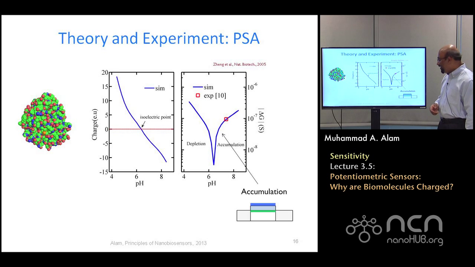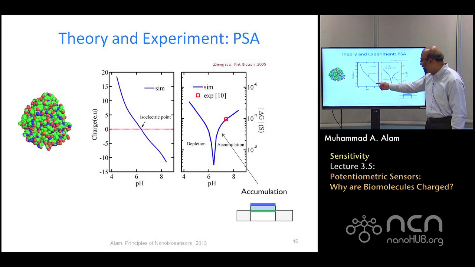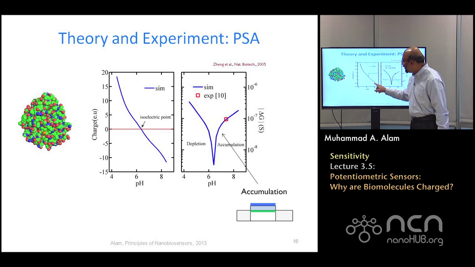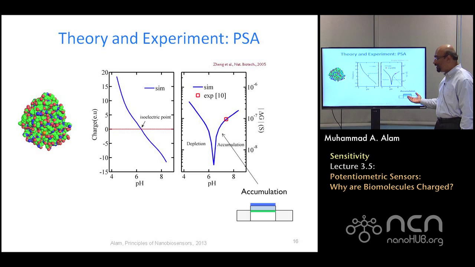If you don't remember what accumulation was, just to remind you, accumulation is whatever charge you have here. For example, you have negative charge. If you have more of it, that's accumulation, that's this branch. On the other hand, when the pH changes and the biomolecule protein becomes positive, of course, you cannot change the transistor itself.